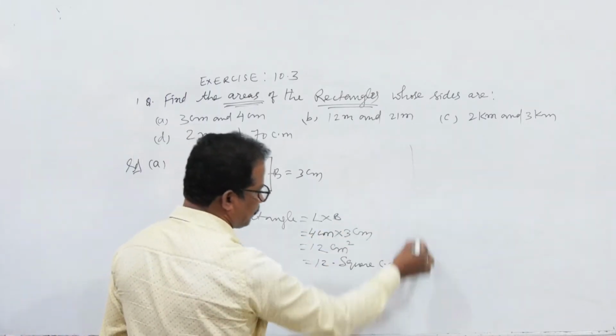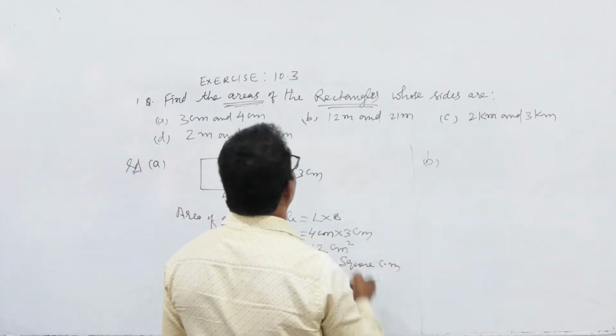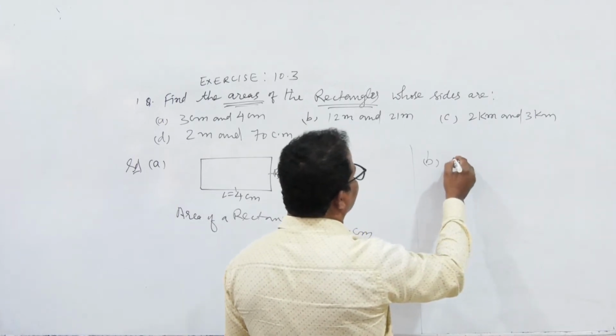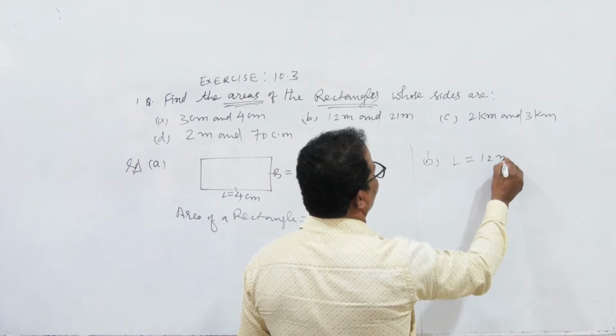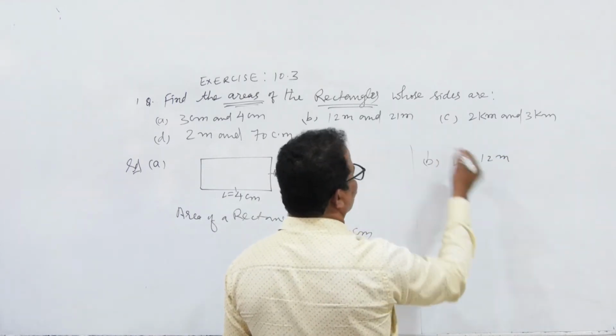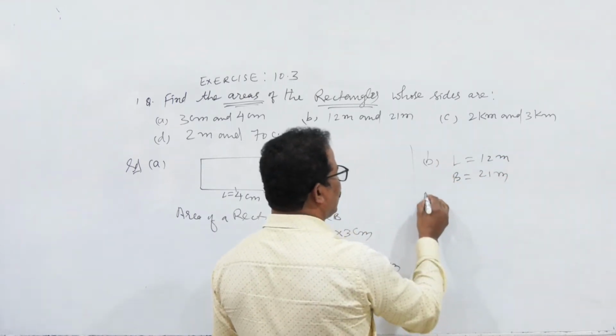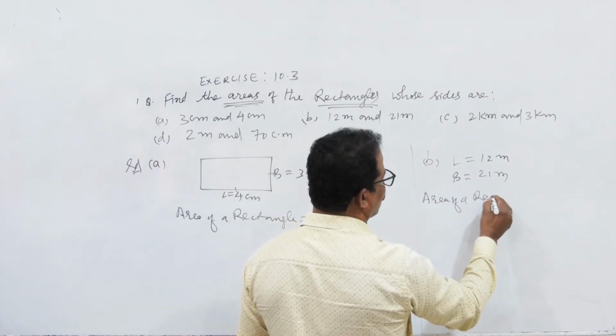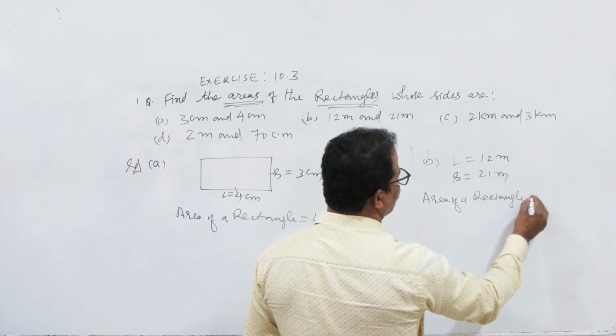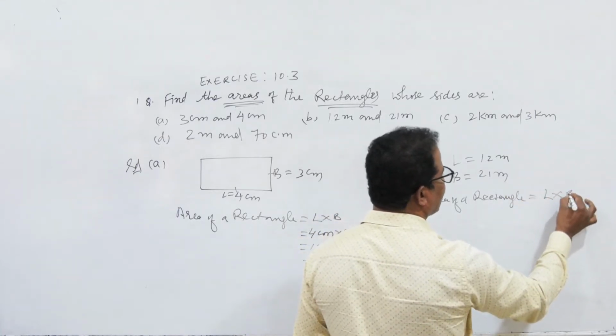In the same way, now question number B. The sides here are 12 meter and 21 meter. That means length is equal to 12 meter and breadth is equal to 21 meter. We need to find the area of a rectangle, because in this question all are rectangles only. Area of a rectangle is length into breadth.